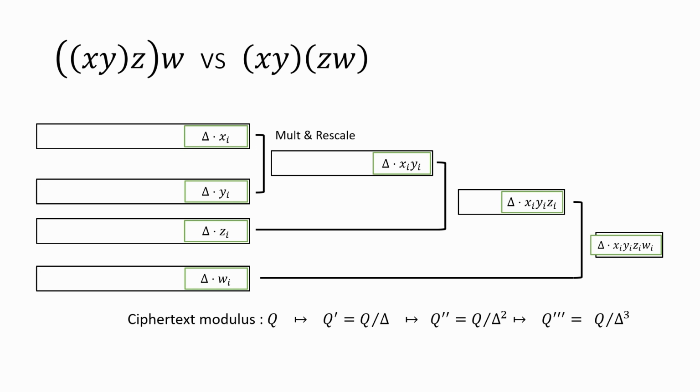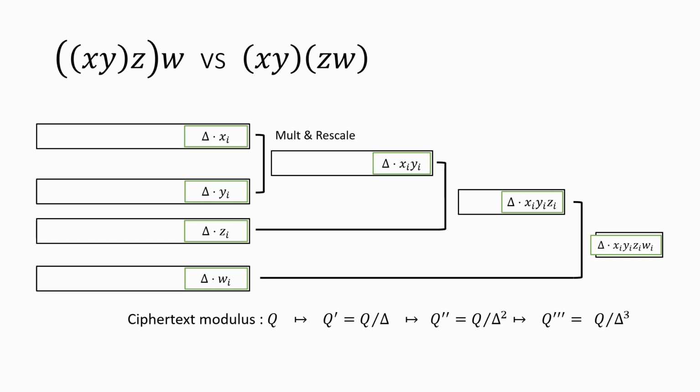If we use the first representation, we basically have 3 multiplications, but 2 of them are unbalanced multiplications. So we consume log delta bits 3 times. So the final ciphertext modulus would be Q divided by delta to the third.